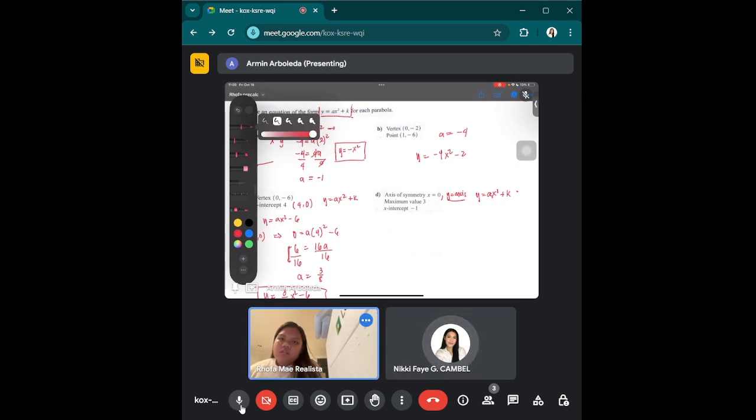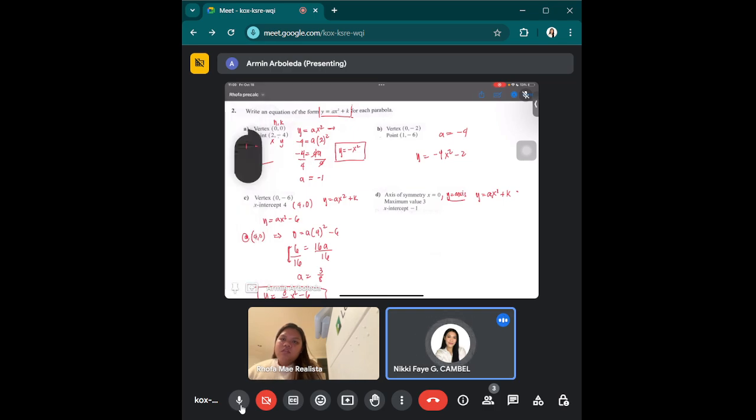And how about the maximum value? What is this telling us? You have a y that is 3, and that's going to be the vertex. The axis of symmetry is 0, so you're going to write 0 here as well because that's your x.